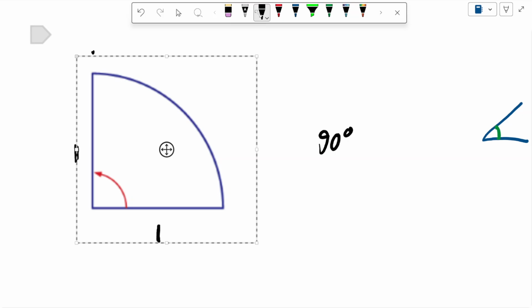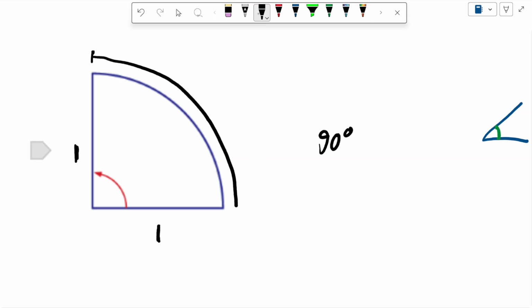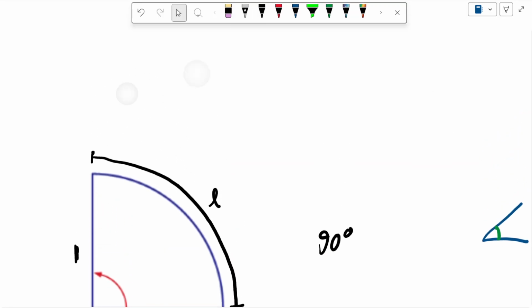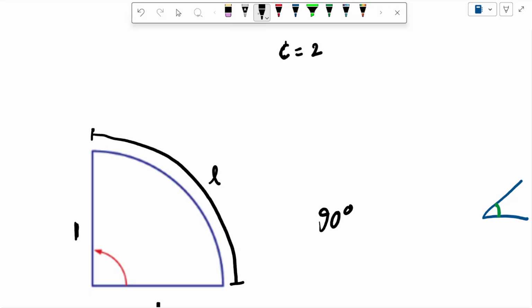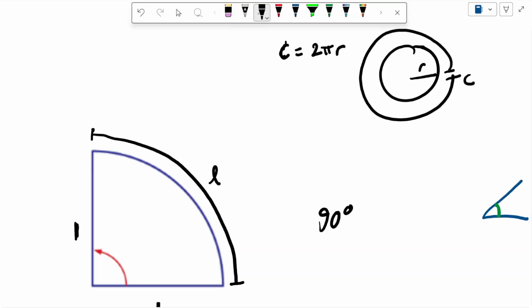So here, we set the radius of the circle to be 1, and that length is the measurement in radians. Now, usually on a circle, the circumference is 2 pi r, if we have a circle with a radius of r and a circumference of c.